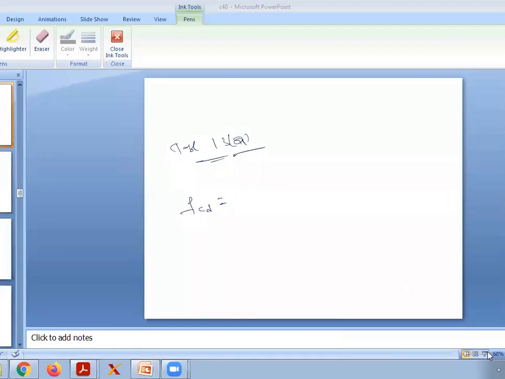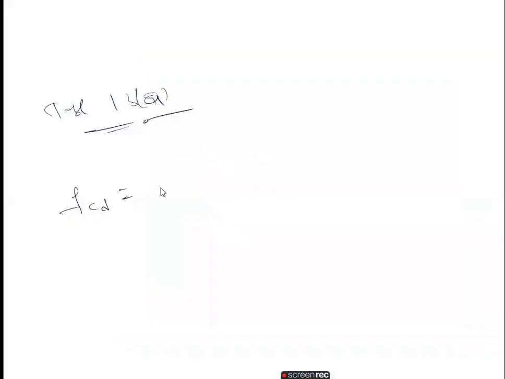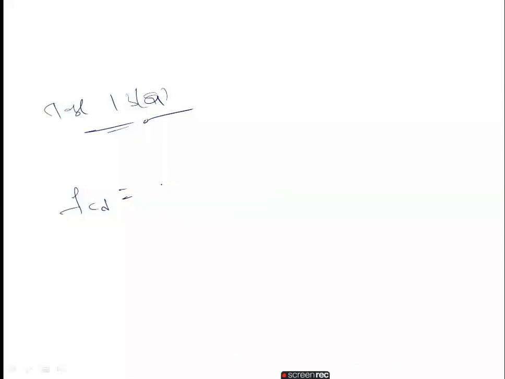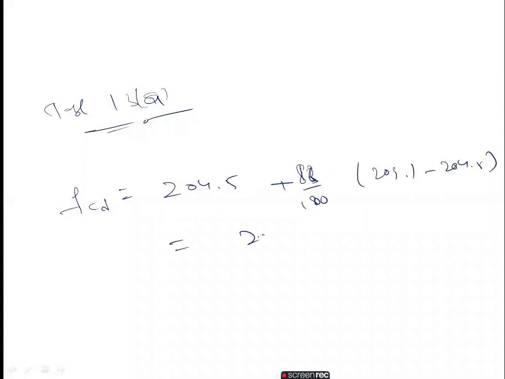For that you have to do the interpolation, then only we will get the final answer. So 204.5 plus 83 by 100 into (209.1 minus 204.5). Actually it is not 16, it is 83. So you will get 205.24.